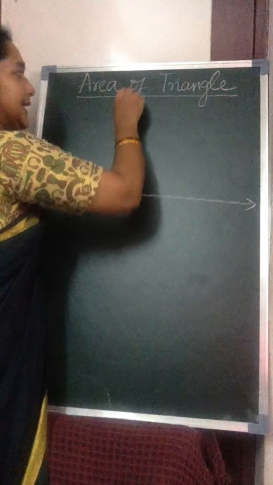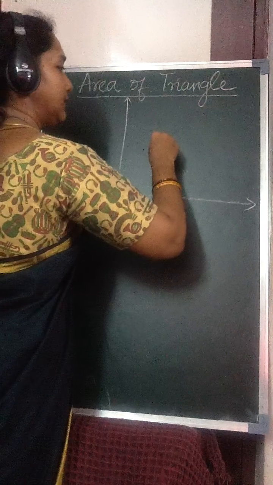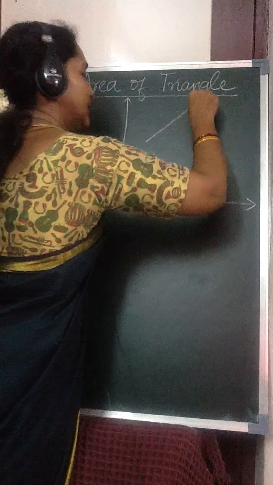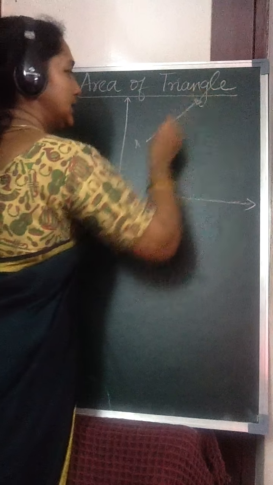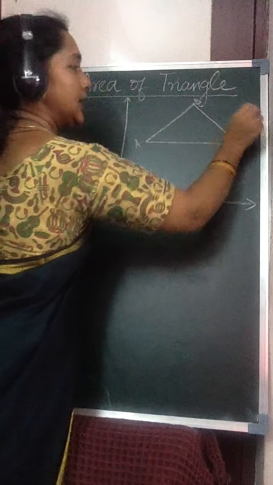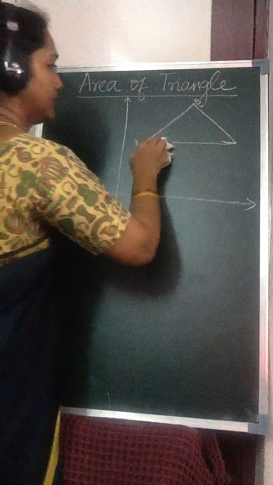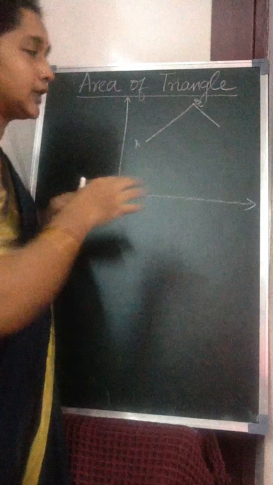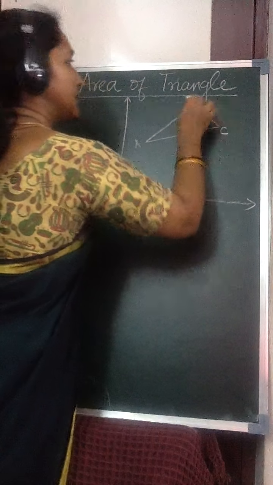when you take x-axis and y-axis, you take a triangle ABC.